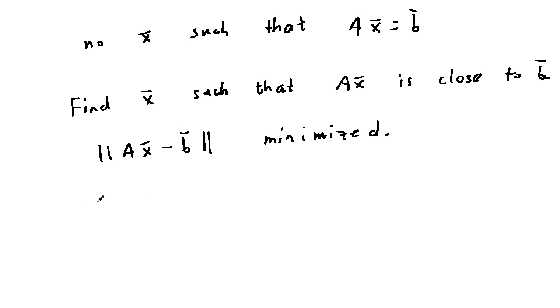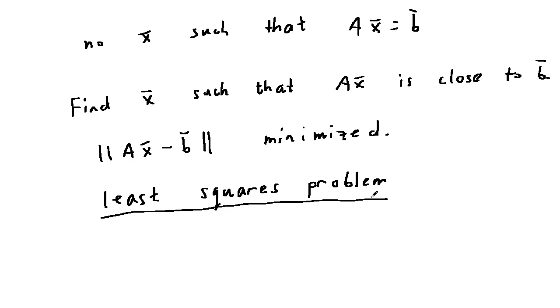This is called the least squares problem. It's called least squares because when you take the norm here, Ax minus b, you get the square root of Ax minus b dot product with itself. And that dot product is a sum of squares.